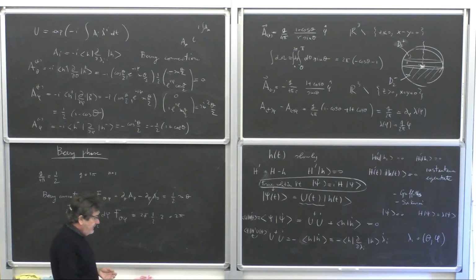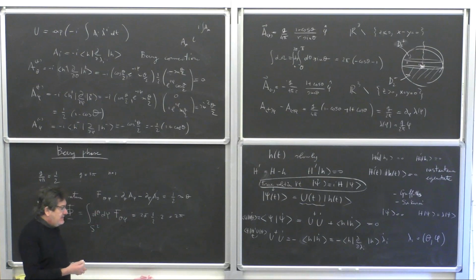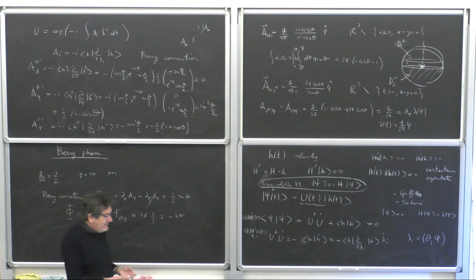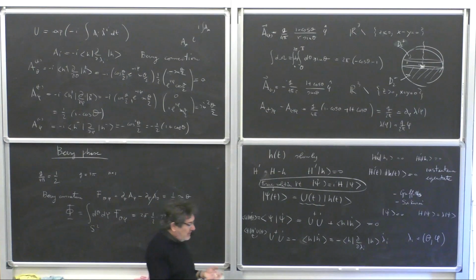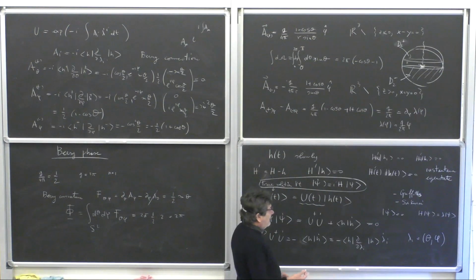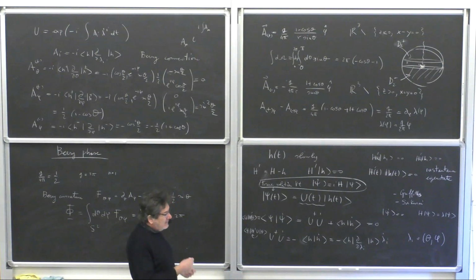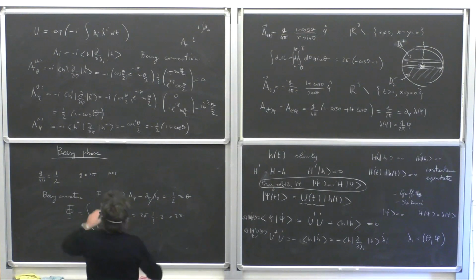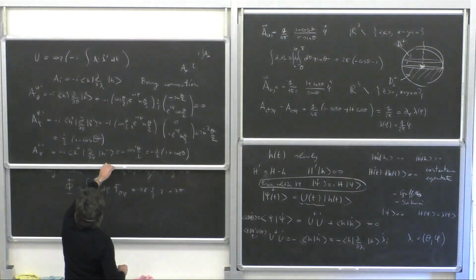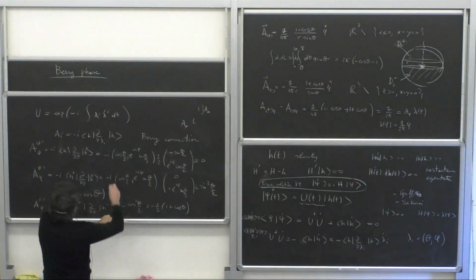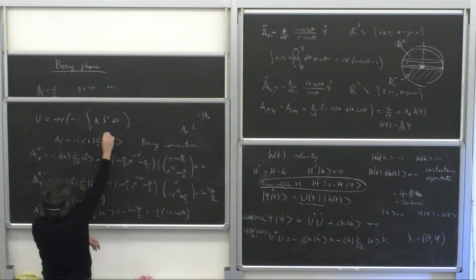This phase is arbitrary, but there is an effect. The net effect is that if you take an adiabatic change and after this adiabatic change you return to the same point, just to compare, then if you close this contour, you return to the same state.